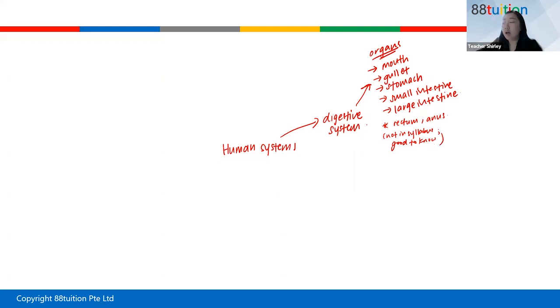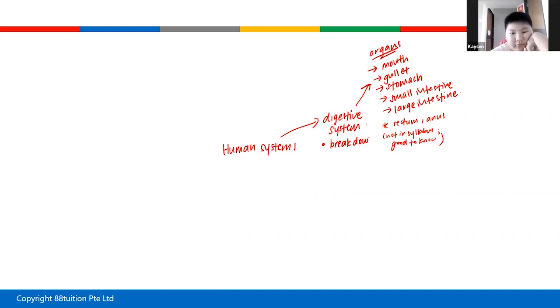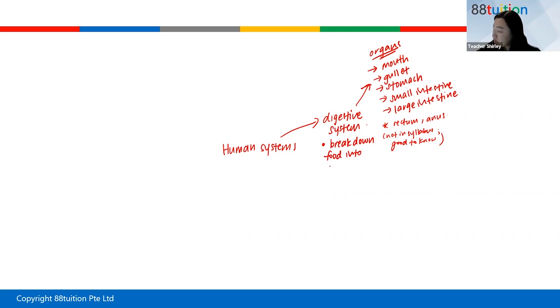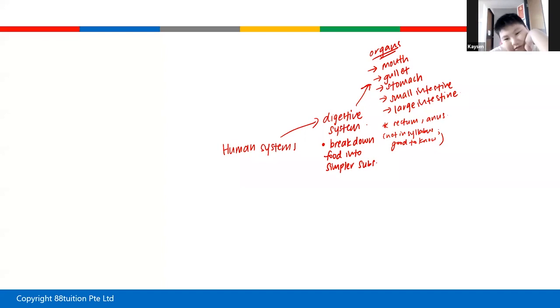Now apart from knowing the organs, you also need to know the functions of the different organs. But before we come to that, let us think about what is the function of the digestive system. The digestive system is to break down food into simpler substances.